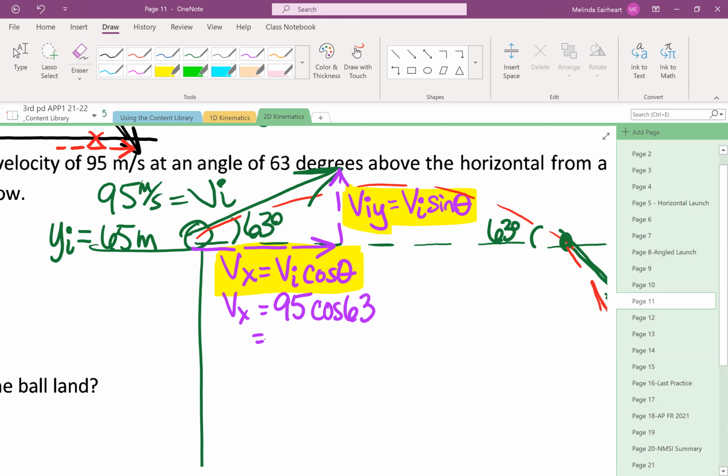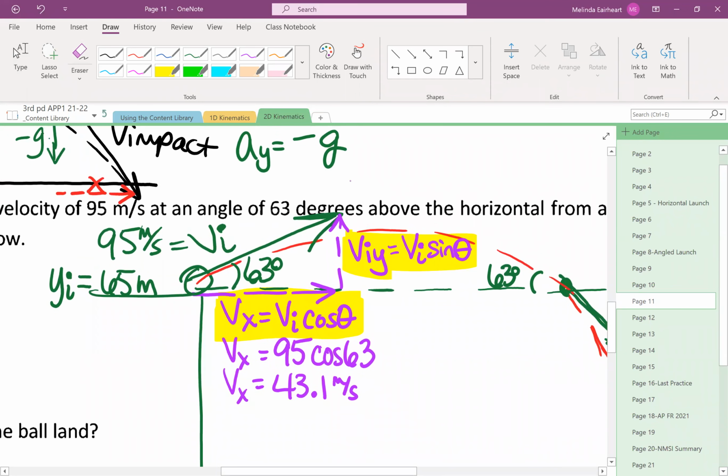What'd you get? Okay, so 43.1 meters per second, since our velocity was meters per second. And so that's the horizontal component. Vertical component, I'll do it right here. We'd have 95 times sine 63. Let me know what you get.